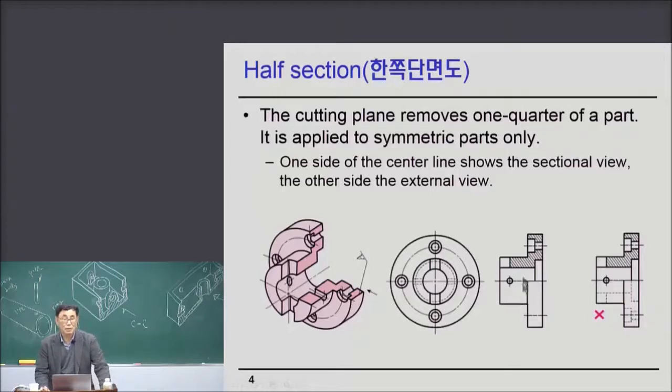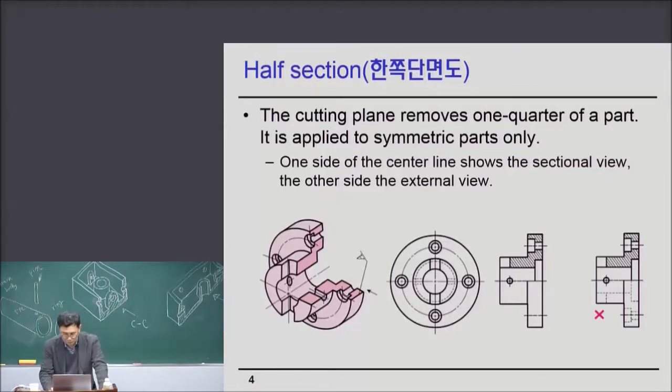The reason for using sectional view is to eliminate hidden lines, but you added hidden lines here. So this is ridiculous. Don't worry. Since this is symmetric, without these hidden lines, you may understand using this multi-view drawing what shape this part is.